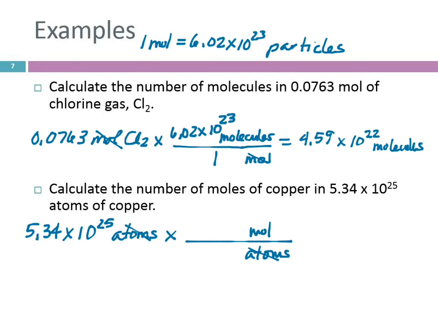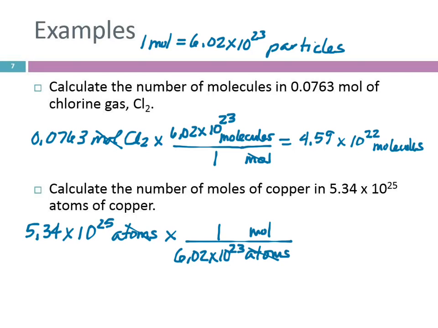It's the beauty of dimensional analysis or unit analysis. The units tell you whether you're multiplying or dividing, and you don't need to remember that. Then we look at this conversion factor. We've got mole on top and atoms on the bottom. This is the relationship between moles and number of particles. What's the name of the particle in this second example? Atoms. So I want to put Avogadro's number with the particle, and the 1 goes with the mole.